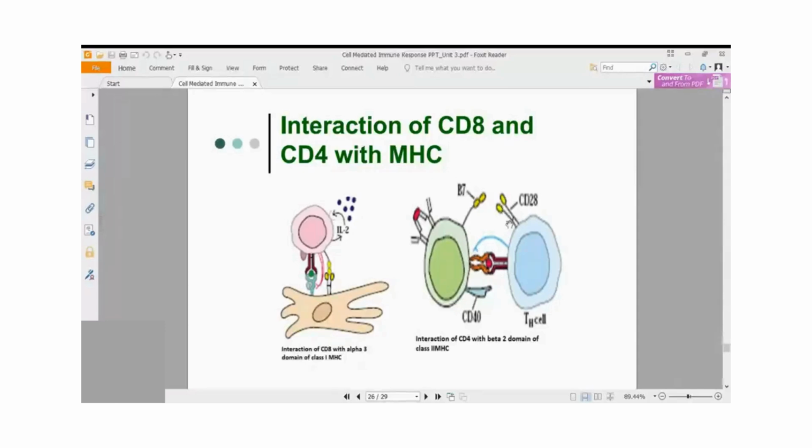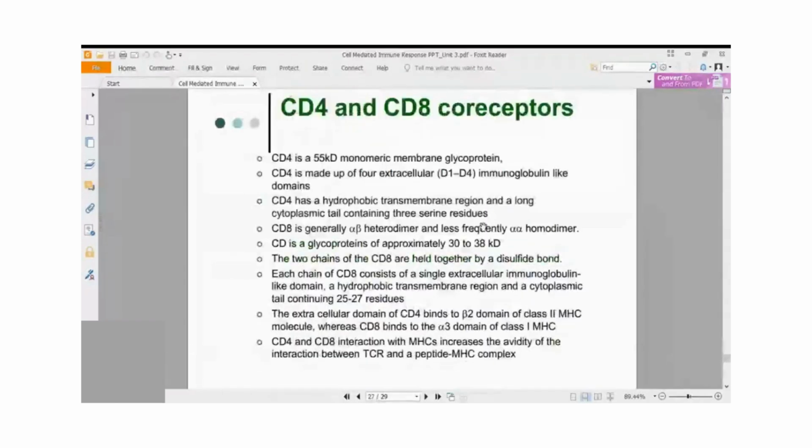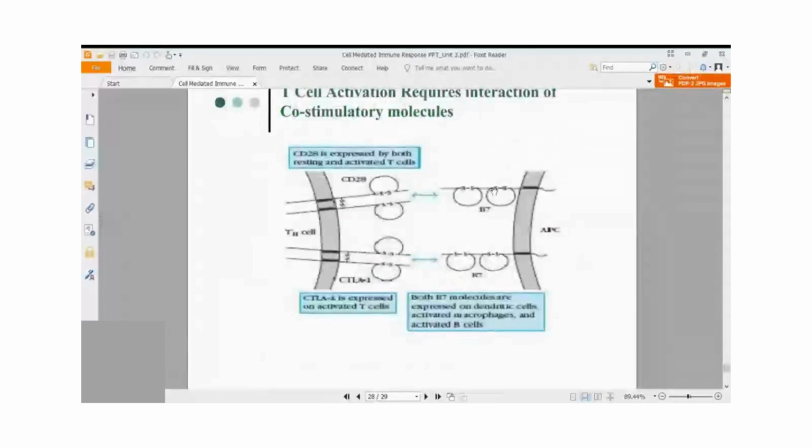And if this synapse is not established, signal 2 is not going to be generated in the TH cell or CD8 T cell, and that particular T cell will not be active. These two receptors are very important. Now, B7 is classified into two subclasses, B7.1 and B7.2.